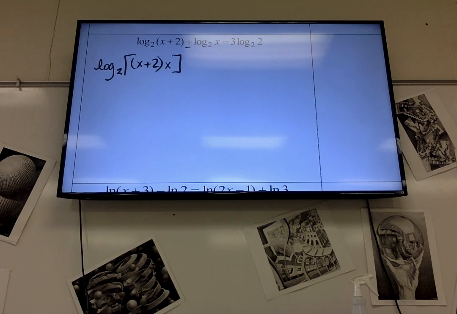I'm going to put a bracket around there just so I know that's the log of that whole thing. And then what else do we have here? Log base 2 of 2 to the 3rd. Yeah, you can take that 3 and make it a power. So yes, it is log base 2 of 2 to the 3rd.